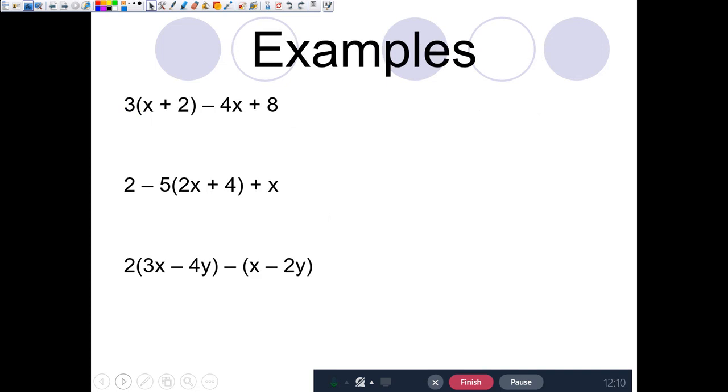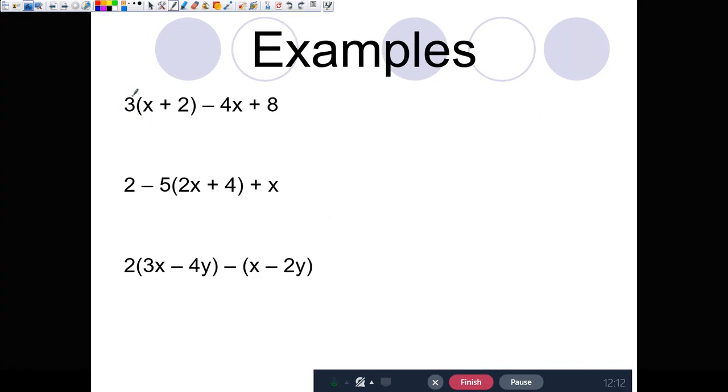All right, so let's distribute here. So I'm going to have 3 times x, which will be 3x, and 3 times 2, which would be 6. Now I'm going to move around my terms, so I have my like terms next to each other. So I have 3x minus 4x plus 6 plus 8. So what is 3x minus 4x?